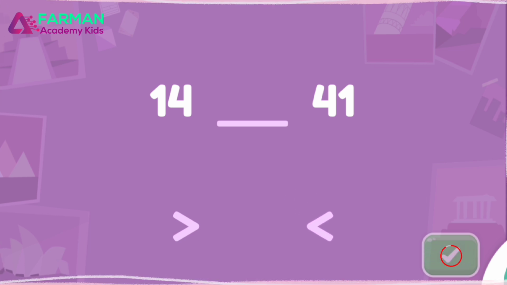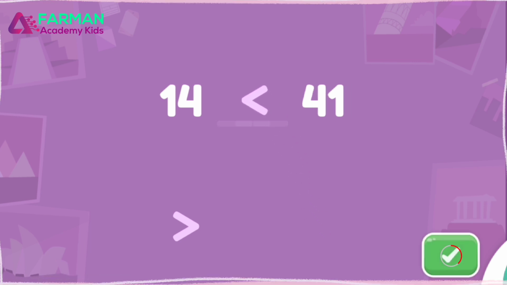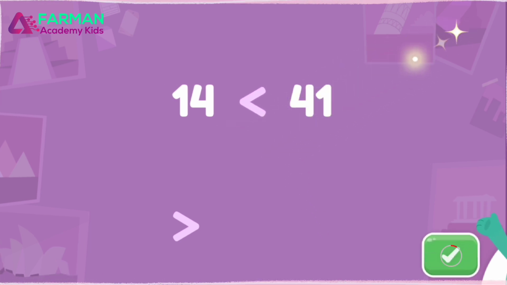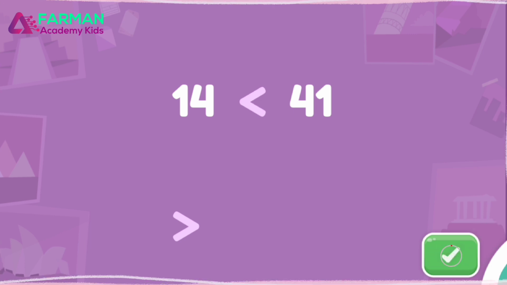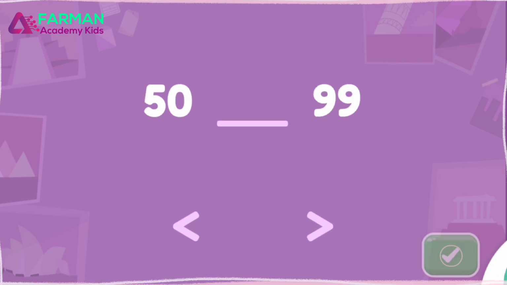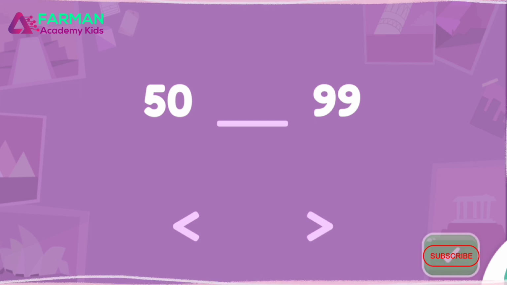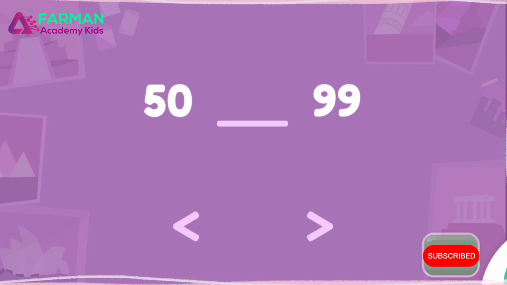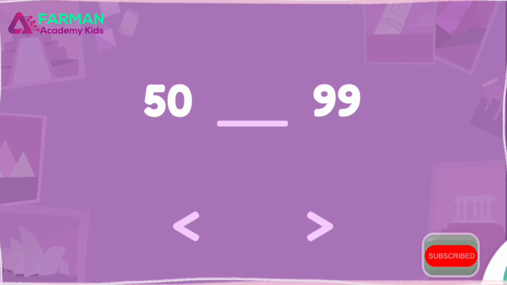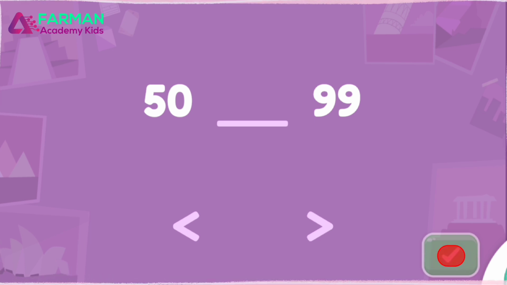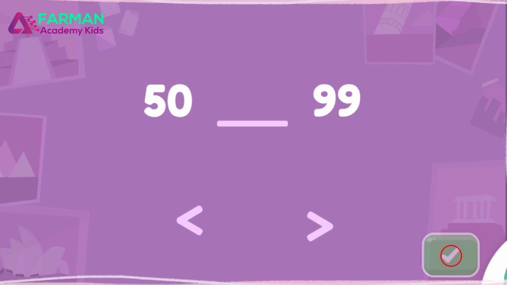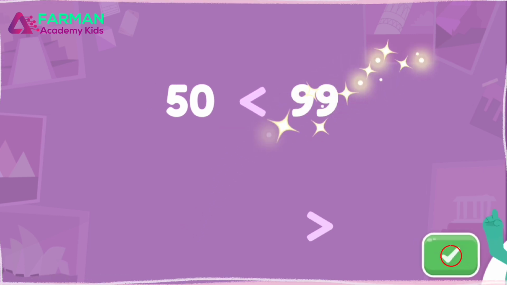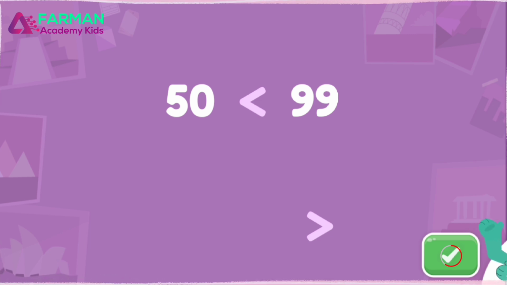Good work! 14 is less than 41. Is 50 greater than or less than 99? Super duper! 50 is less than 99.